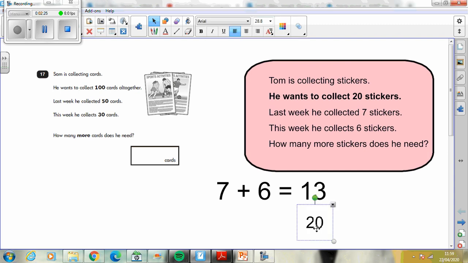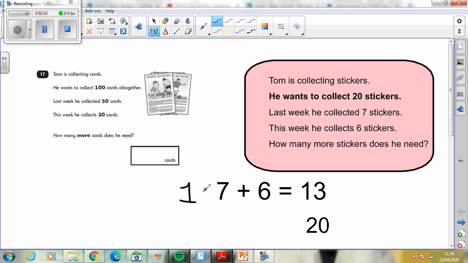And what I often do with children is I break it down into 2 steps. So what I would say is that this is step 1, and then the next part of the question is step 2.